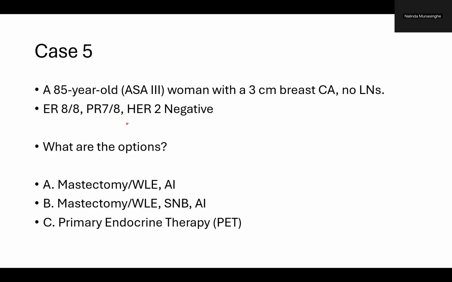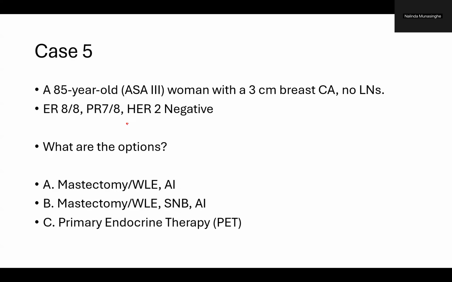So now I have not put any axillary surgery for the first option, have I? Because if the lymph nodes are not involved clinically, mammographically, or ultrasonically, there's no point in doing axillary surgery, even sentinel node biopsy. Patients who are 80 and above, we don't do that. But if the imaging says lymph nodes are involved, we will do a clearance.